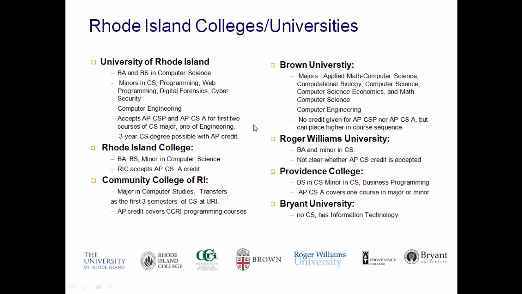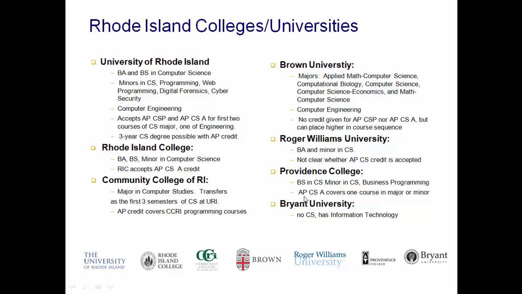Roger Williams University has a BA and a minor in computer science, and it's not clear whether they're accepting AP credit. It varies, I think, based on the student application who comes in. Providence College has a Bachelor of Science and a minor in computer science. And they also have a major in business programming, so you can use programming in the business domain.